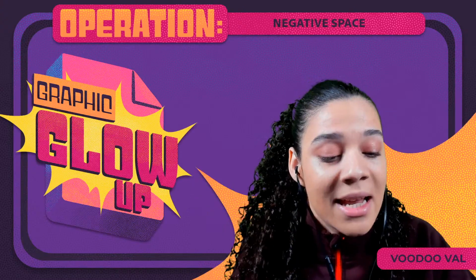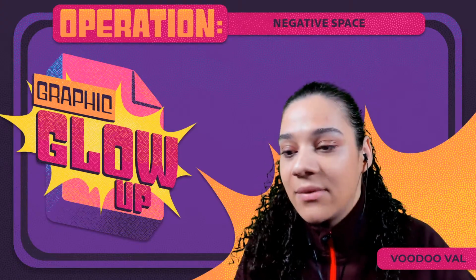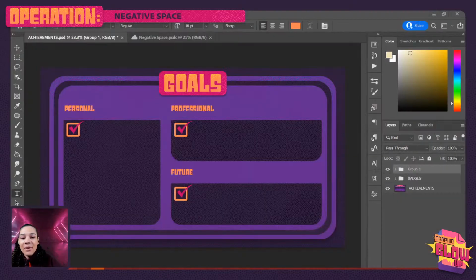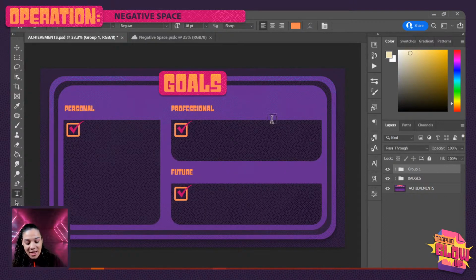But one of the things that you will get when you head over to that link are these nifty things right here. So I've got a goals page for you, and I have an achievements page for you. These are very important because these are tools that we use here in Graphic Glow Up to help ourselves through our creative journey. At the beginning of every week that we do the show, I always set up goals for myself for my project.